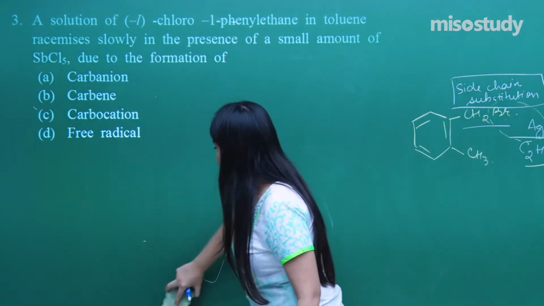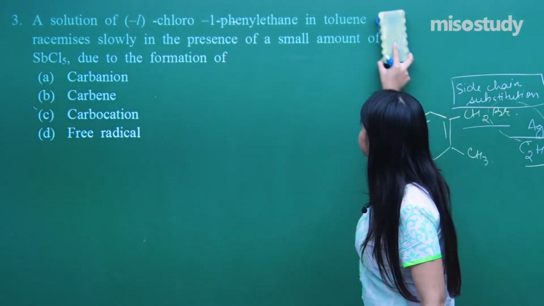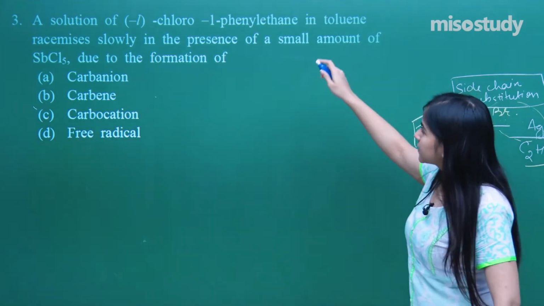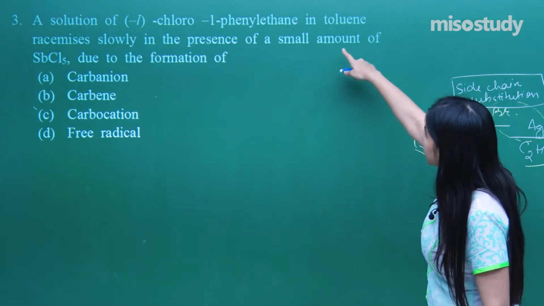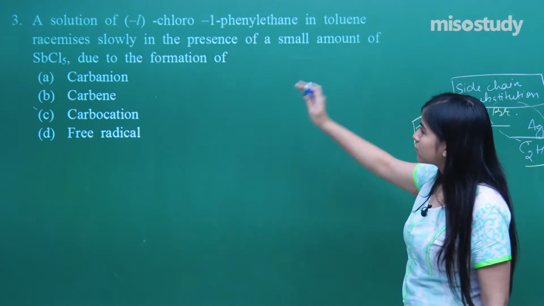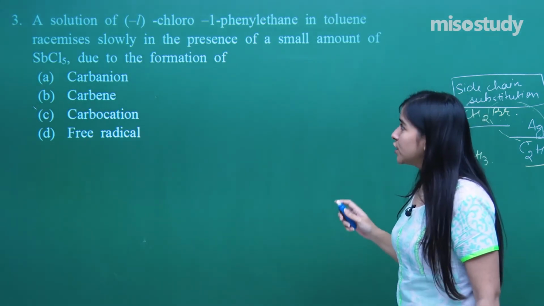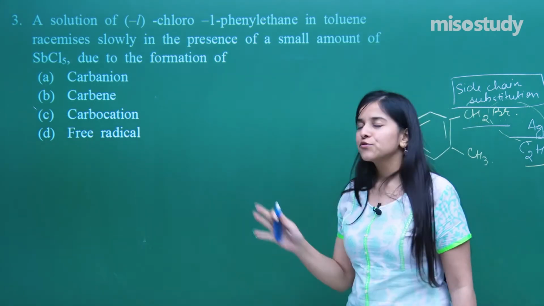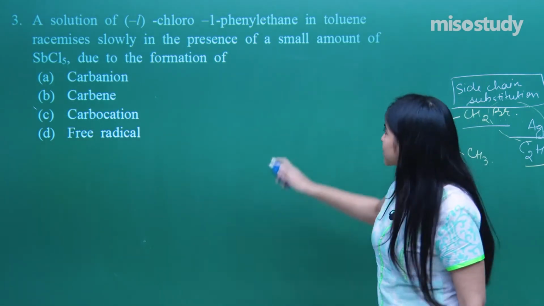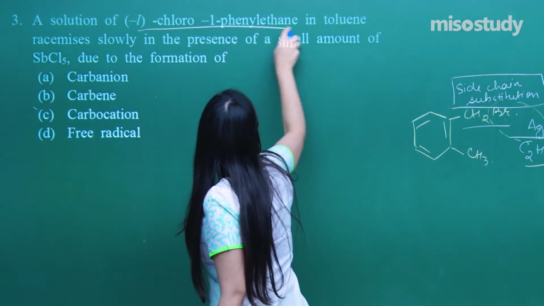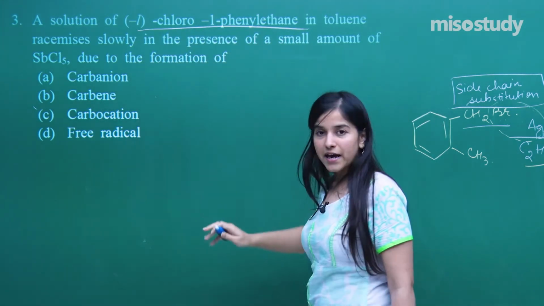What do we have? Okay, now a solution of 1-chloro-1-phenylethane in toluene racemizes slowly in the presence of a small amount of SbCl5 due to the formation of. So basically you do not need to go into the detail of the reaction, but what you need to see is the solution here. So let us just draw the diagram.